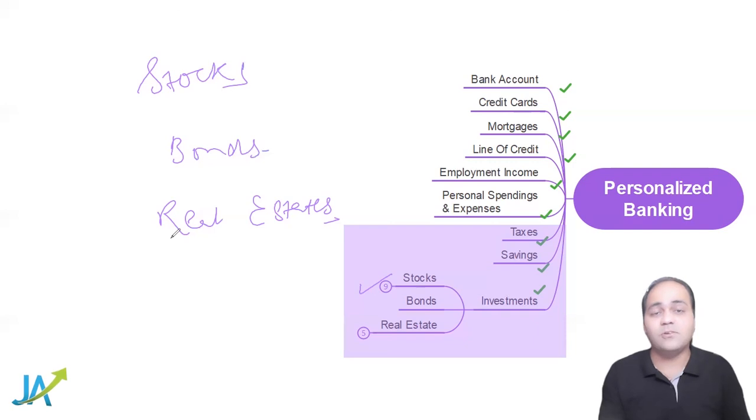Real estate is also a great investment option, which is considered under personalized banking. With great diversification, potentially high returns and lower risk, real estate offers high dividends among other kinds of investment options.